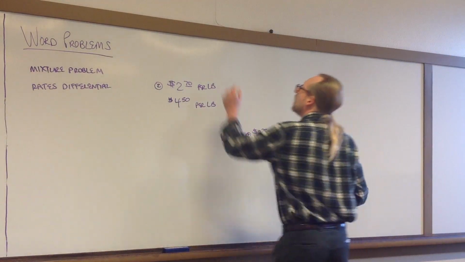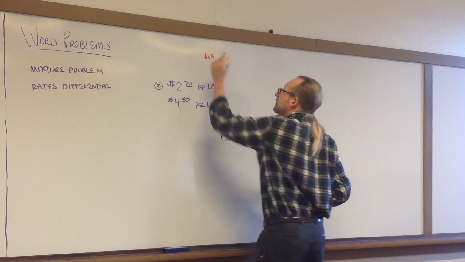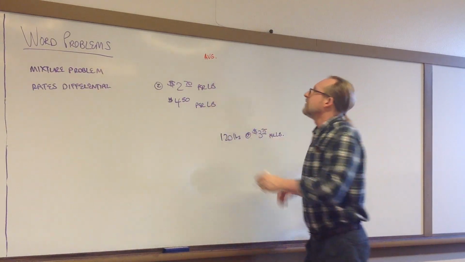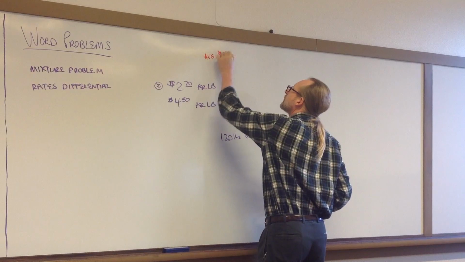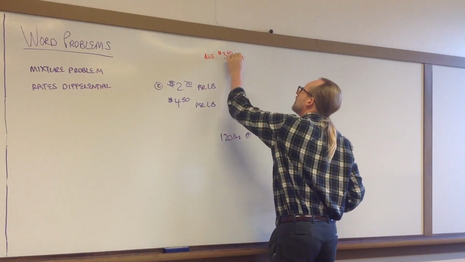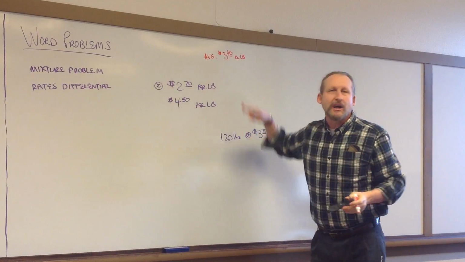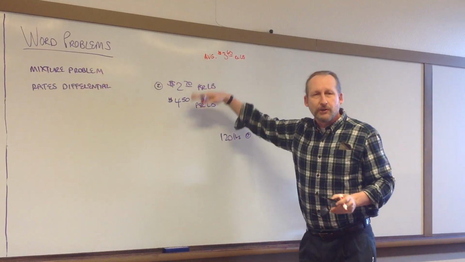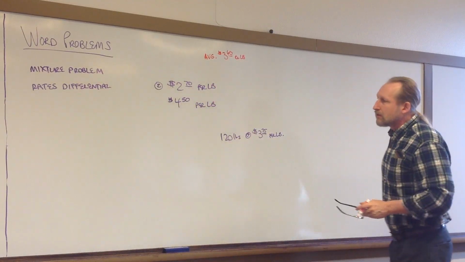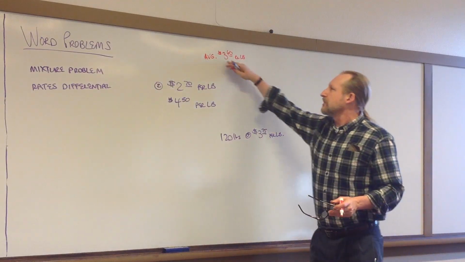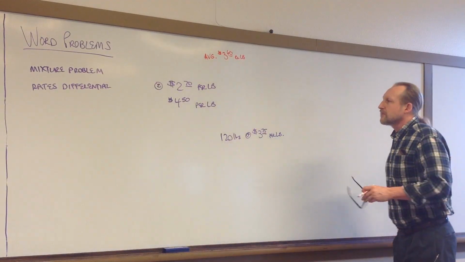Okay? So if you use 10 pounds of each, then we would want to charge $3.60 per pound. If you use 20 pounds of each, same price, all right? As long as the amounts are equal, then you're going to be charging $3.60 a pound, okay?